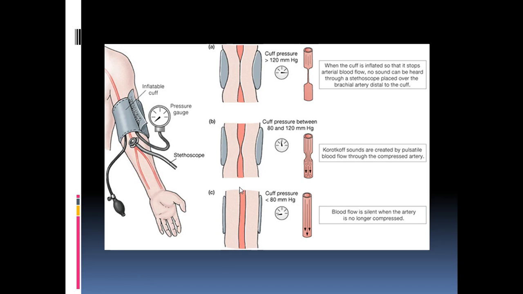The sound of the first pulse is the systolic reading or the systolic pressure, the upper reading of the blood pressure, and usually will be around 120 millimeter mercury, when checked with the pressure reading on the sphygmomanometer.